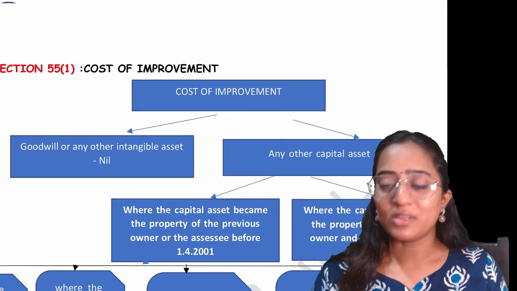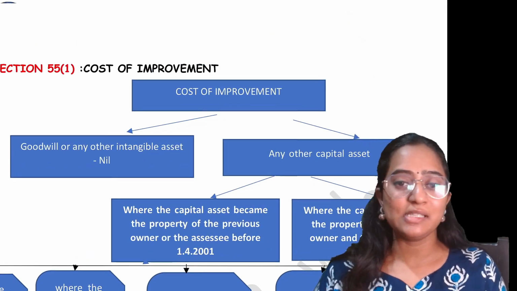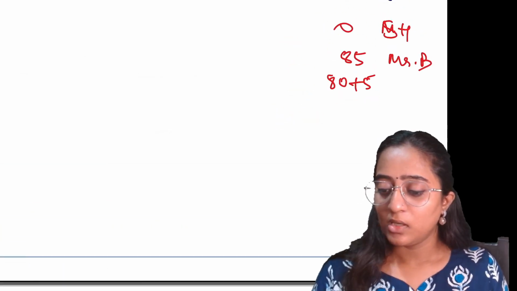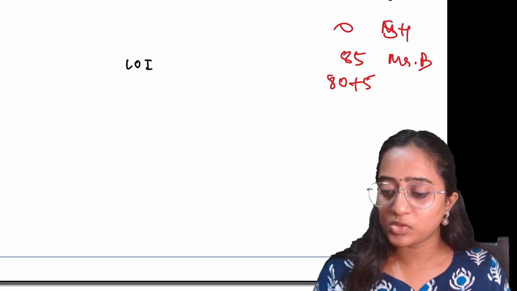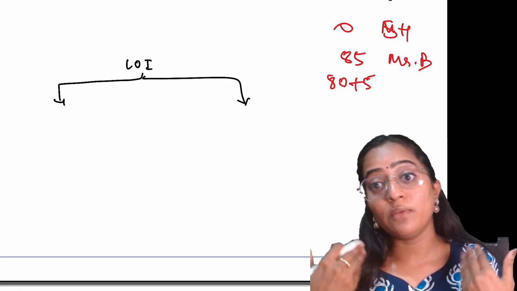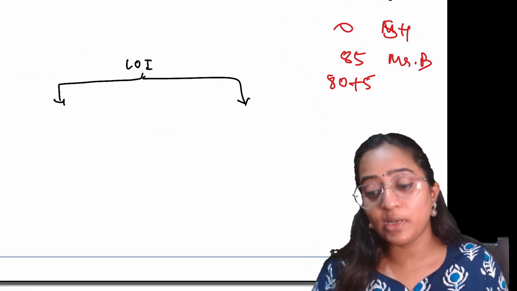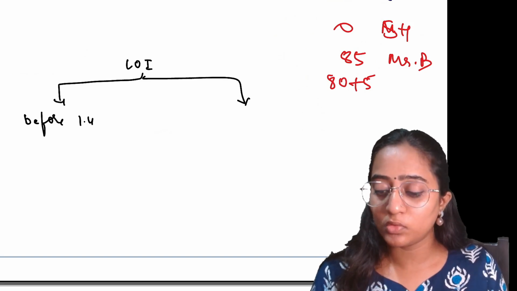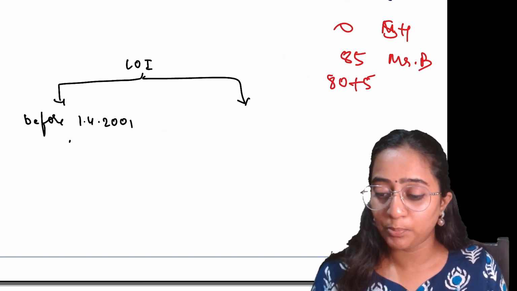Now try to understand one thing. The point being cost of improvement, very simple. Remember, whatever cost of improvement has been incurred, whether by you or your previous owner, before 1/4/2001, is what we consider.